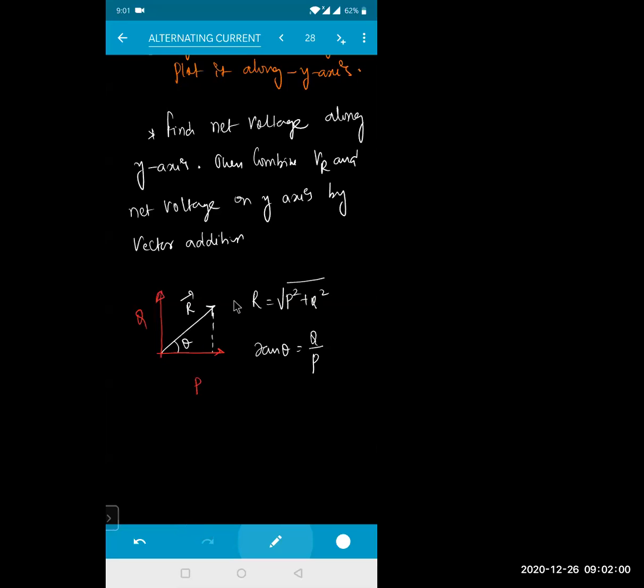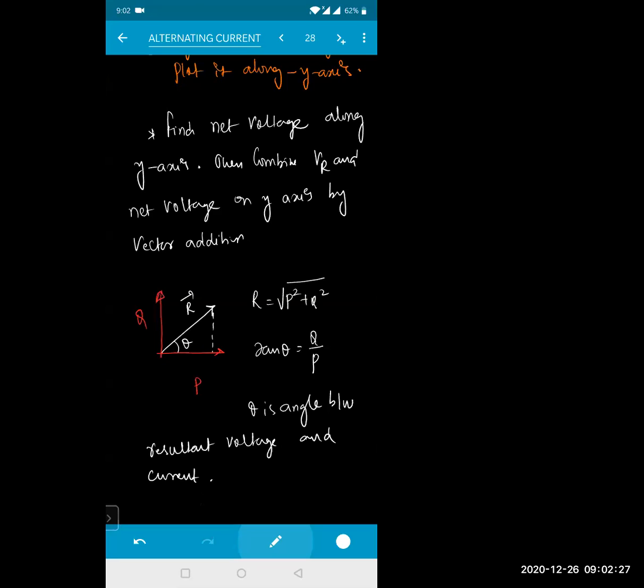So the angle between the resultant and voltage is theta. Theta is the angle between what? The resultant voltage and current, because we are taking the current on the x-axis.